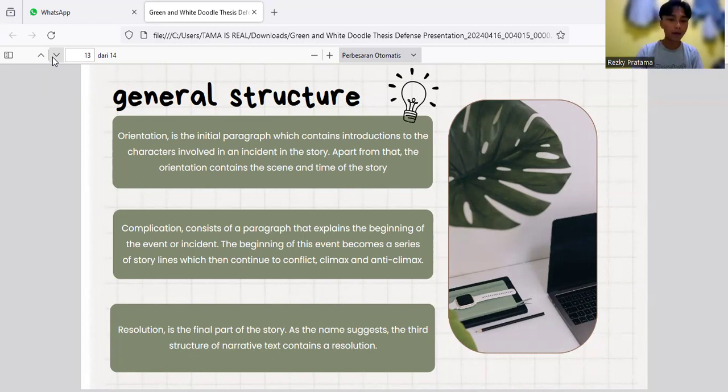Complication consists of paragraphs that explain the beginning of the event or incident. The beginning of this event becomes a series of storylines which then continue to the conflict, climax, and anticlimax. And the last one is resolution. Resolution is the final part of the story. As the name suggests, the third structure of narrative text contains a resolution.